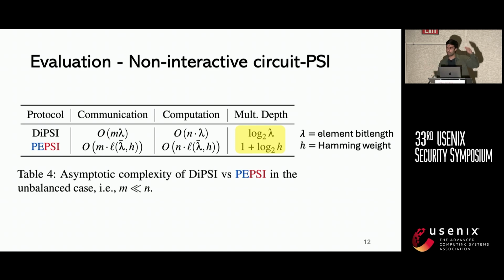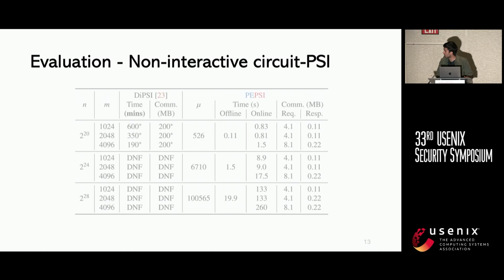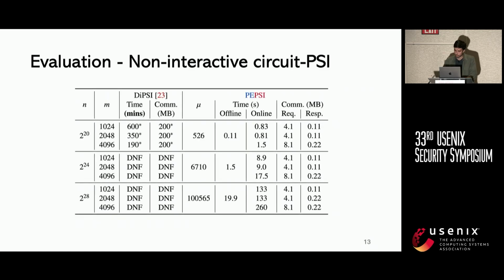So it could go up very quickly if you're comparing larger numbers. Whereas in PEPSI, it only depends on this Hamming weight that we've chosen, so you can control that parameter to make sure it doesn't grow too big. And then this translates directly to the concrete evaluation results, because you can have smaller parameters. And this shows in the experimental results as well.